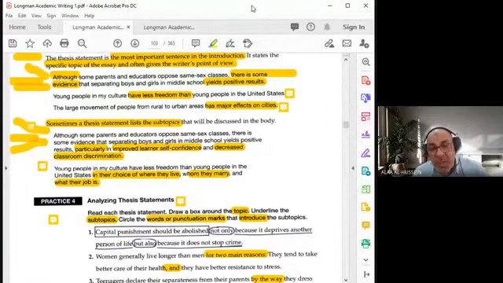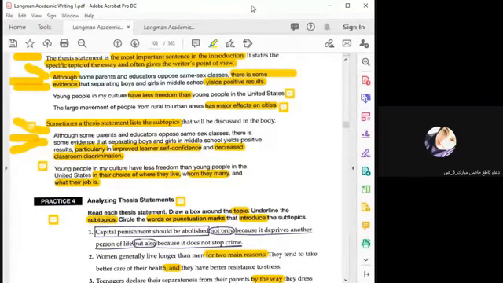But when we don't have subtopics, what does this mean? That means it is open to research and writing, and we can think about many things.